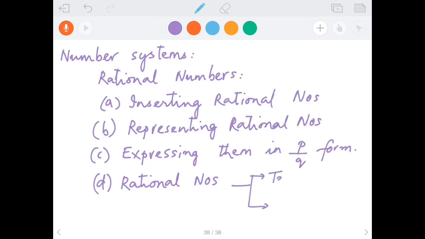The first type are terminating rational numbers whose division terminates after a point, and then the other one is non-terminating numbers, and if they are non-terminating, it's important that we always consider them to be recurring.